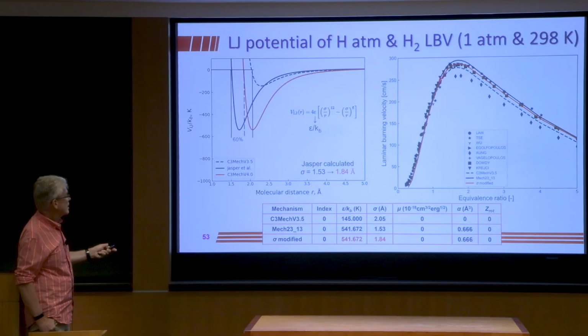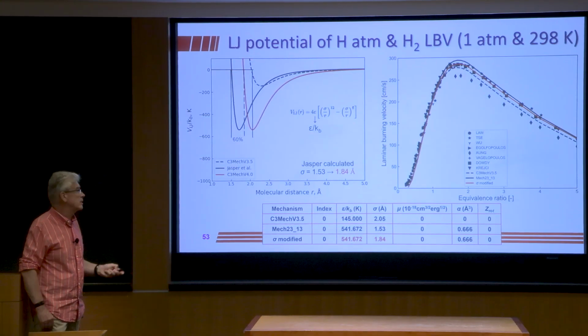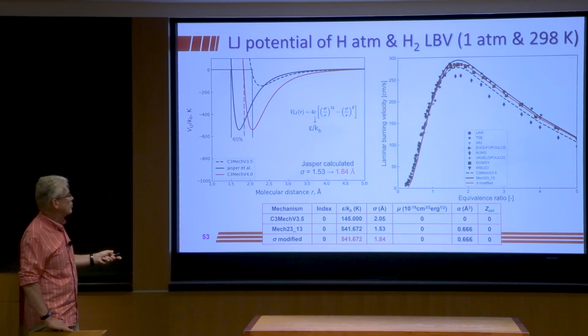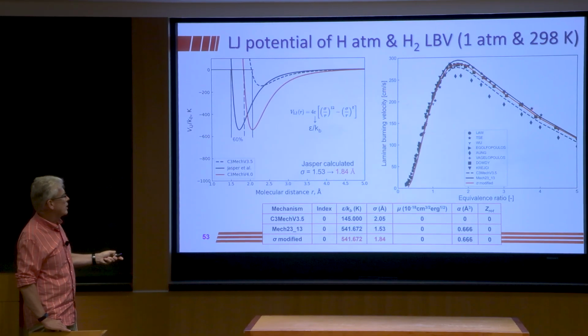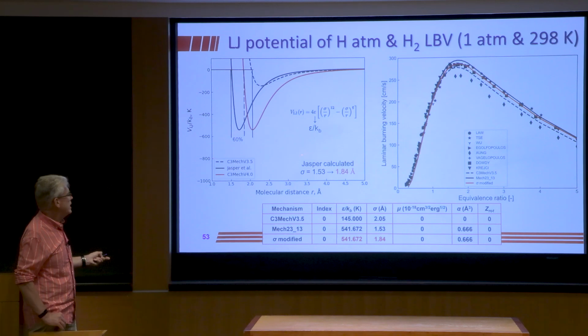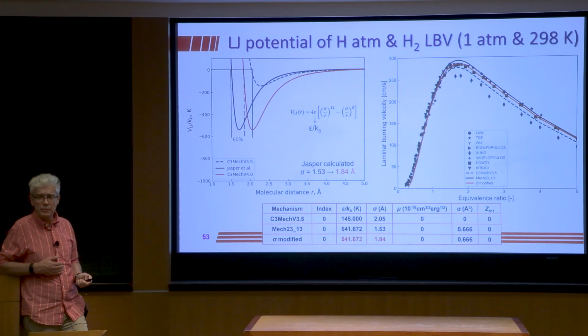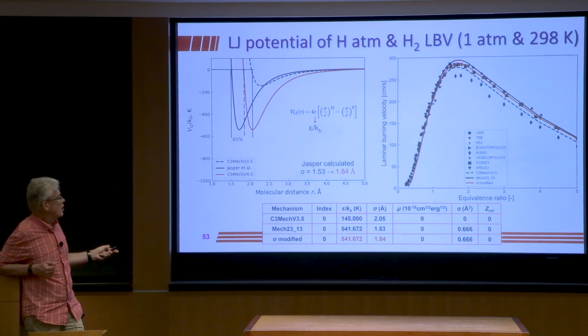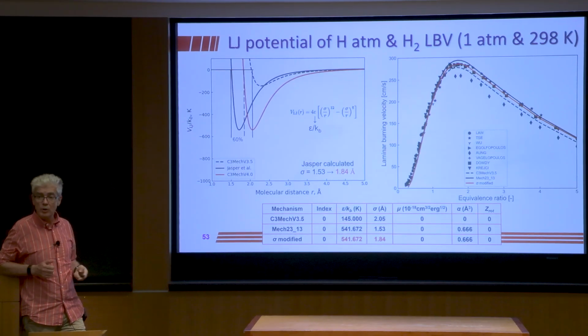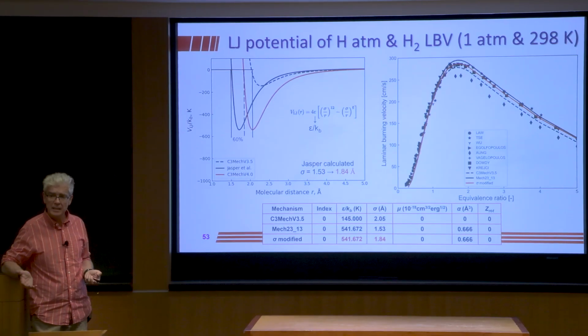So the dashed line is the prediction using the Lennard-Jones parameters, the transport parameters that we had in the mechanism, right? And you can see here at 1 atmosphere and 298 Kelvin, the mechanism didn't quite match the data. When we included the Jasper calculated Lennard-Jones parameters for H atom, we got the solid line predictions, which overestimated the flame speed slightly with our optimized kinetics.